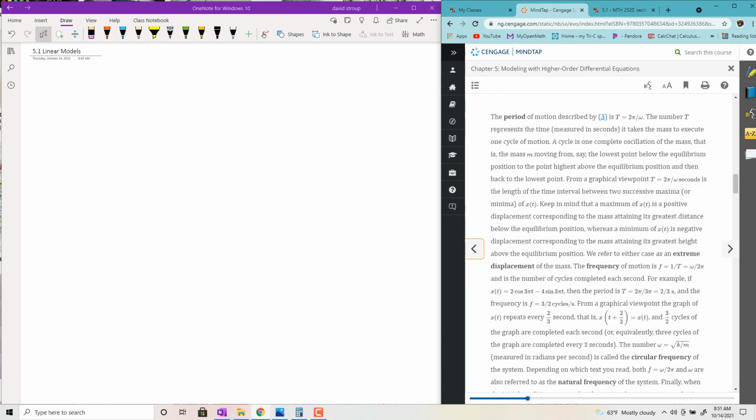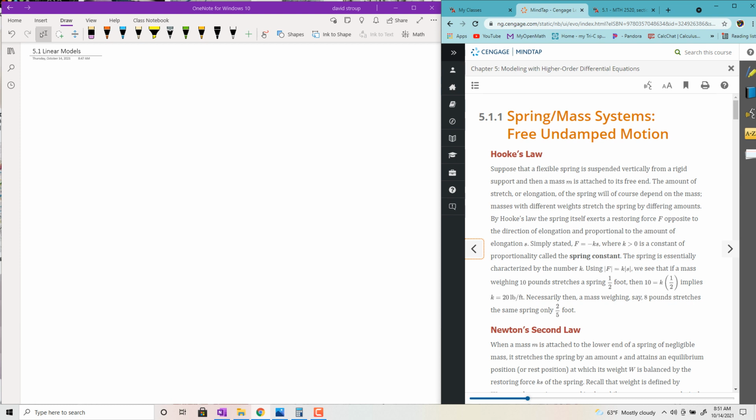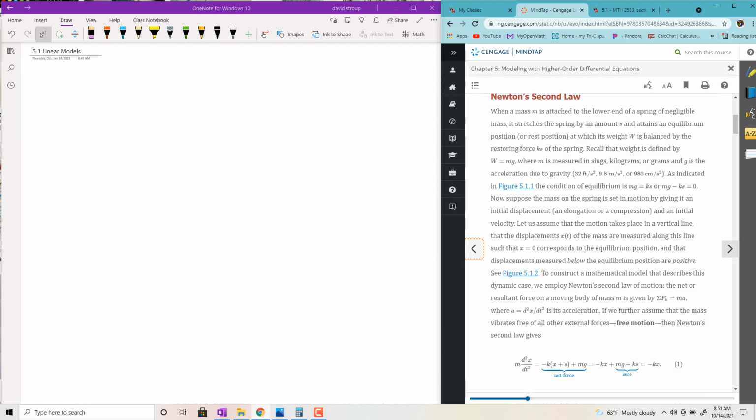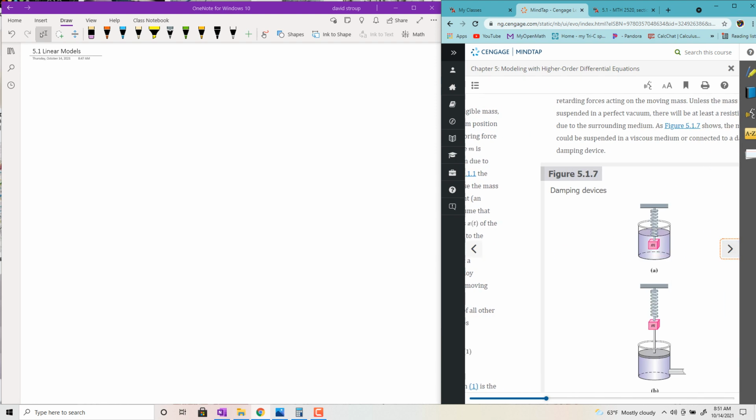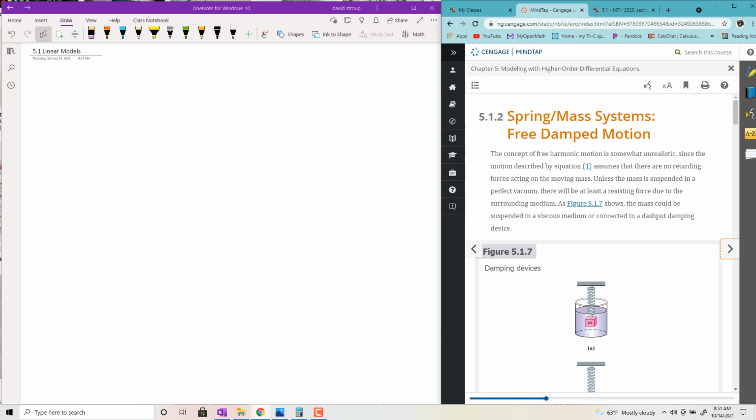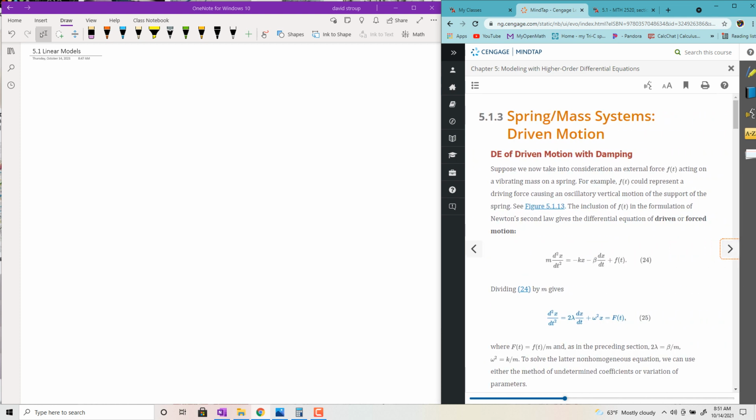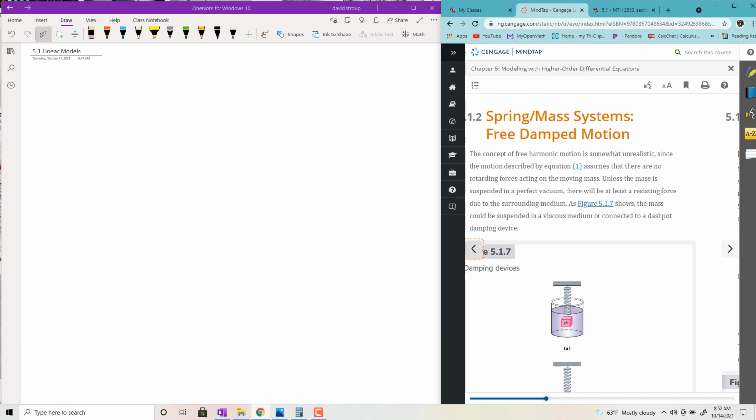The original system we'll look at is free undamped, which basically means it's not driven by a machine and it's not in some weird fluid. Then there's going to be free damped, and then damped driven and non-damped driven. So there's all those different kinds.